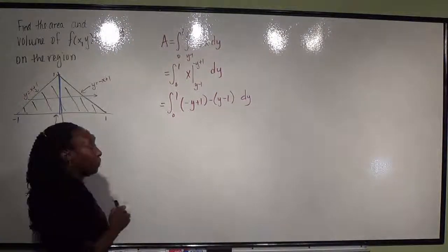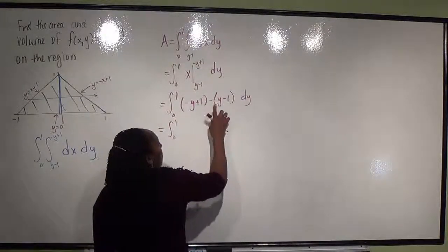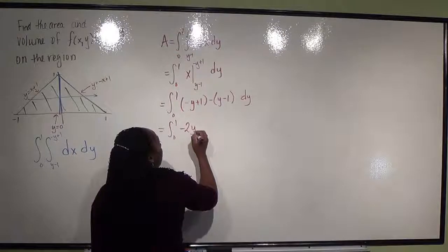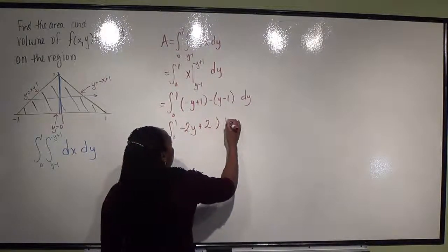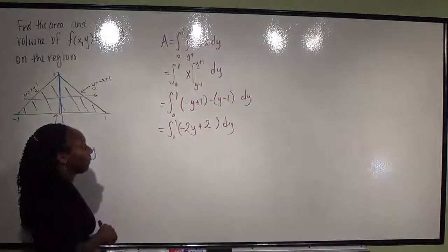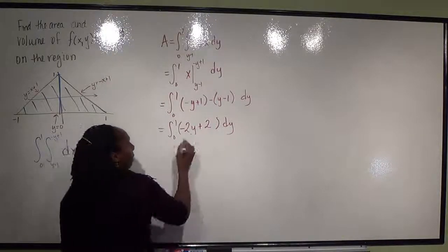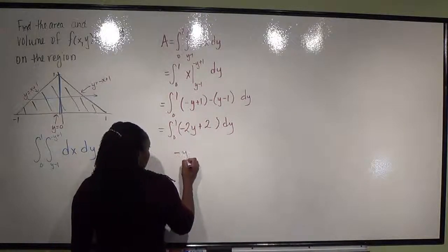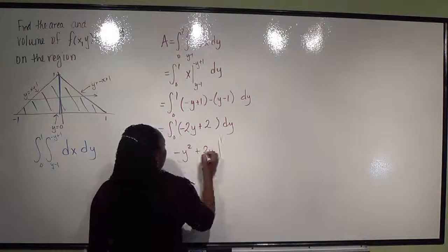Again, I can clean that up before I integrate again. So minus y looks like a negative 2y. The 1 plus 1 looks like 2. So there's my one variable integral. Okay. From there, integrating with respect to y, we'll get a negative y squared plus 2y, integrating from 0 to 1.